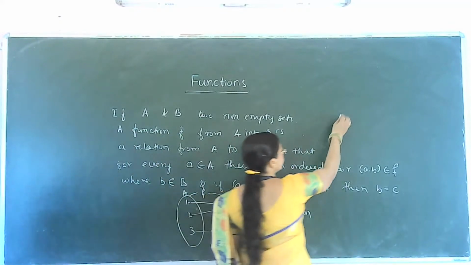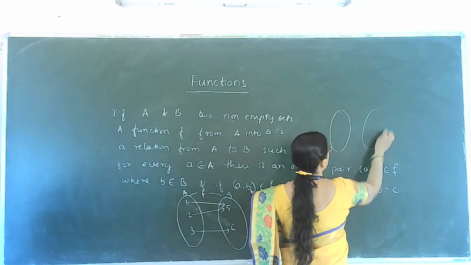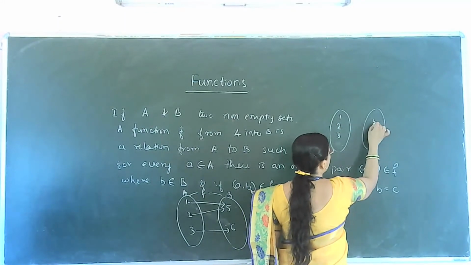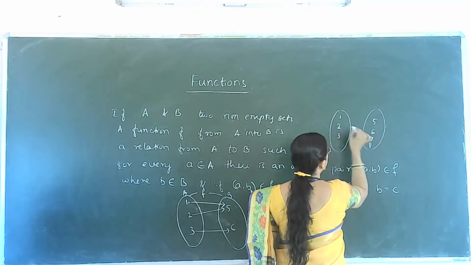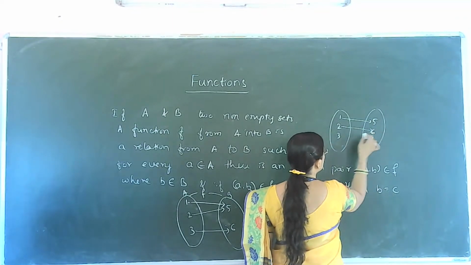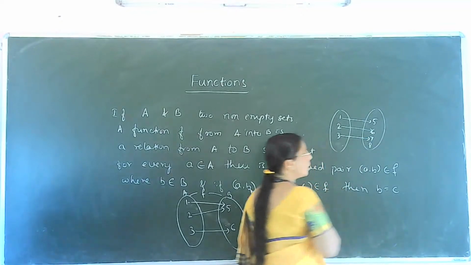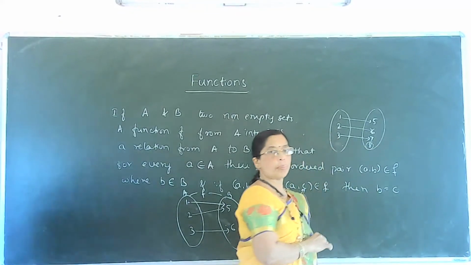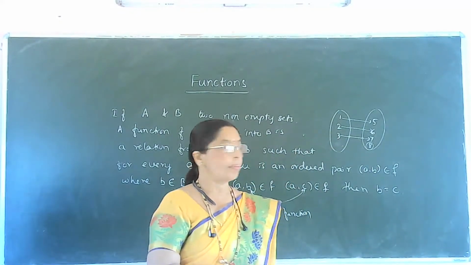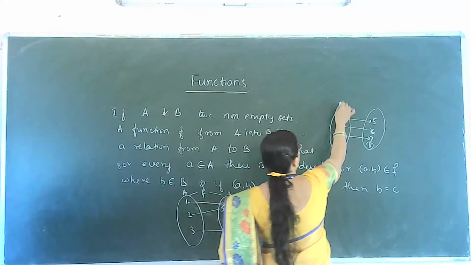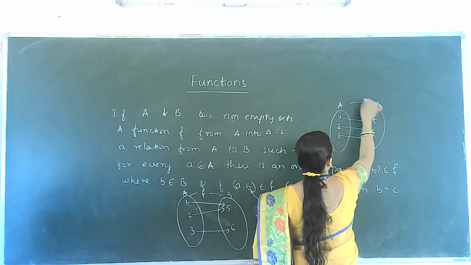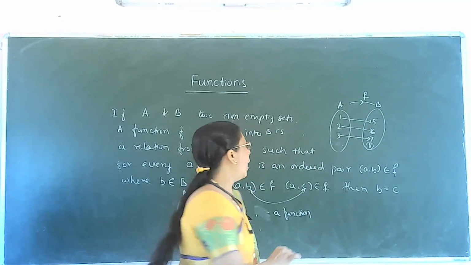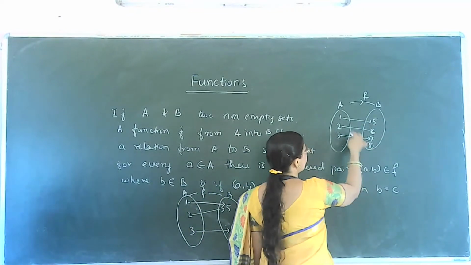Another example. A is 1, 2, 3 and B is 5, 6, 7, 8. Here it's a function. 8 is not an image of any element of domain A, but it's a function because every element of A has an image.